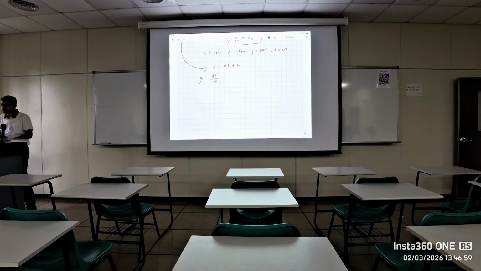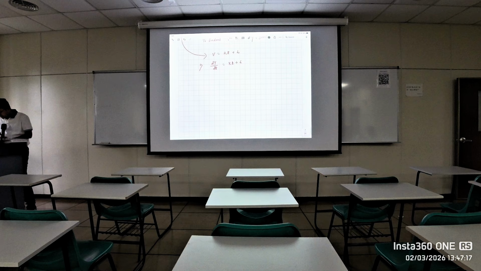Acceleration is velocity by time, then velocity is distance by time, right? By that logic I can write this is kt plus 6, right? That implies dy is equal to kt plus 6, I can multiply here dt.